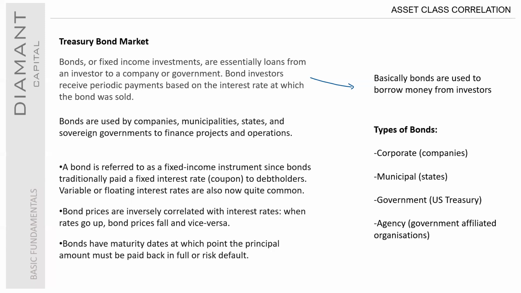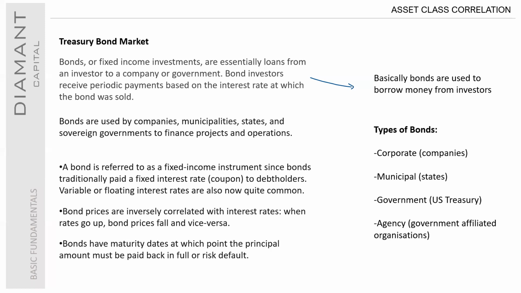So the government or a company like a stock company might say, okay, we want to purchase some bonds. Then the investor essentially gives that company a loan or the government a loan. Then that loan is paid back to the investor in full and also with interest as well.